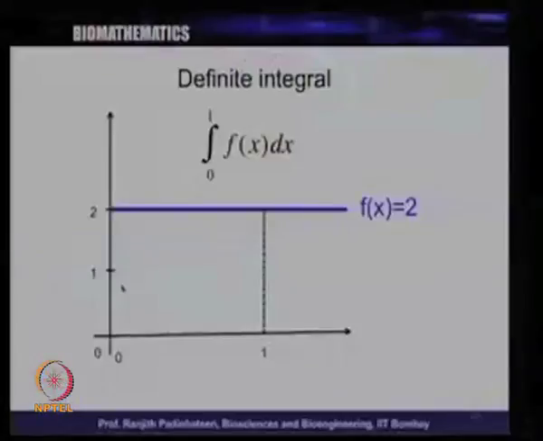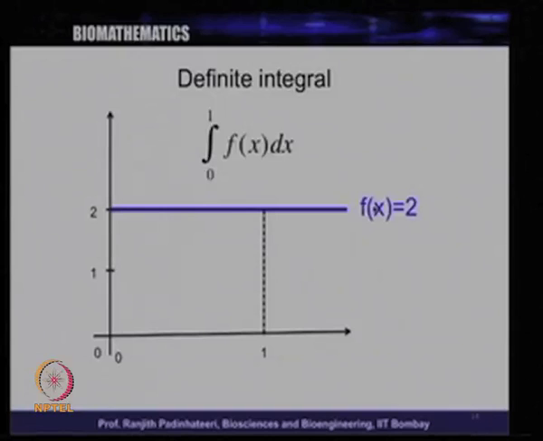Such integrals are called definite integrals, and the way we would represent this is like this. The definite integral is basically where you integrate this function f of x from 0 to 1. Here is an example of a definite integral.